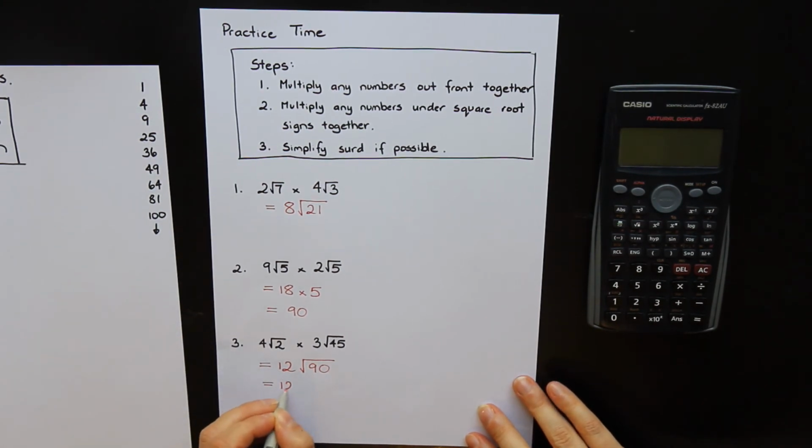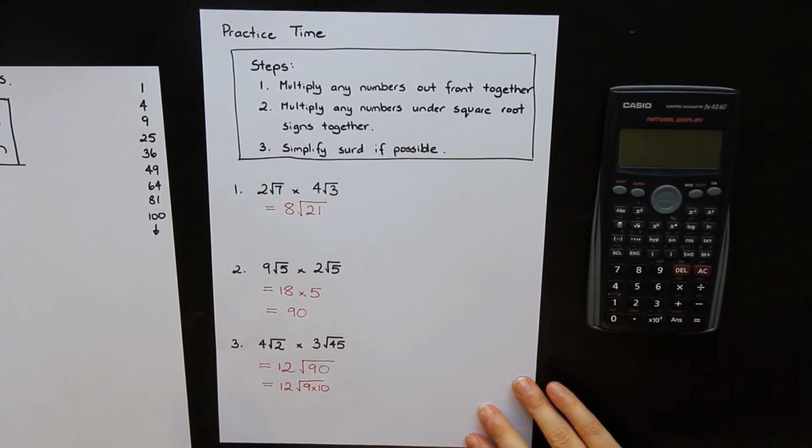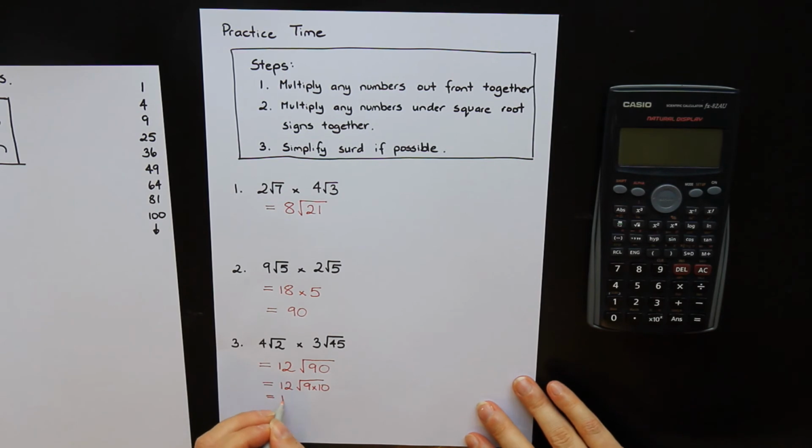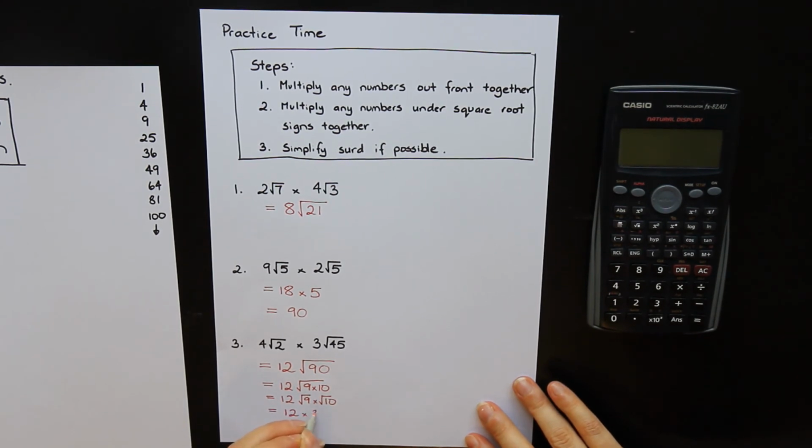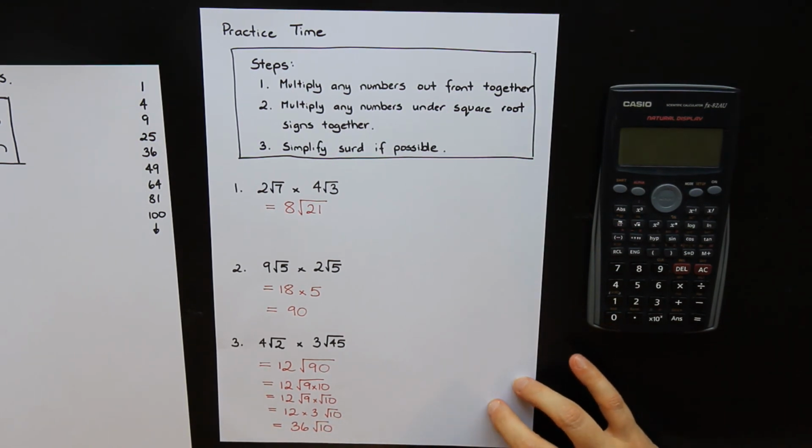So leave the 12 at the front. 9 times 10 is 90. Split the surd. Okay, and then square root of 9 is 3. And then just multiply 12 times 3 is 36. Square root 10. And that's your final answer.